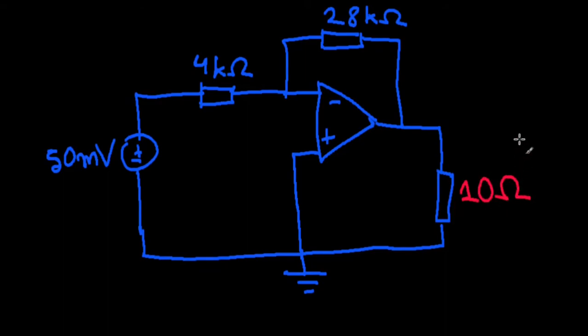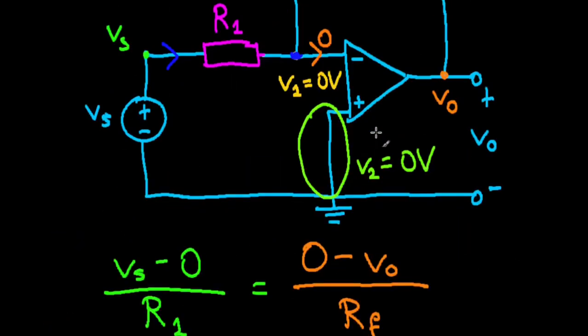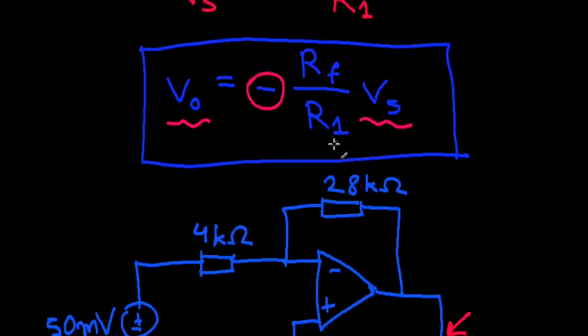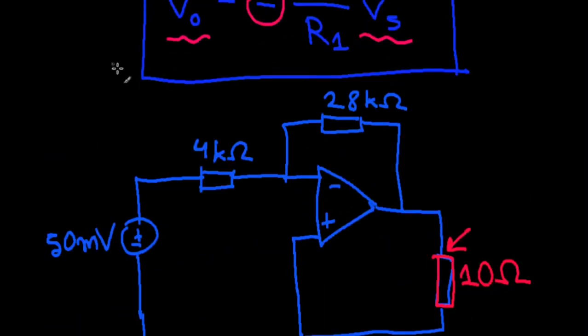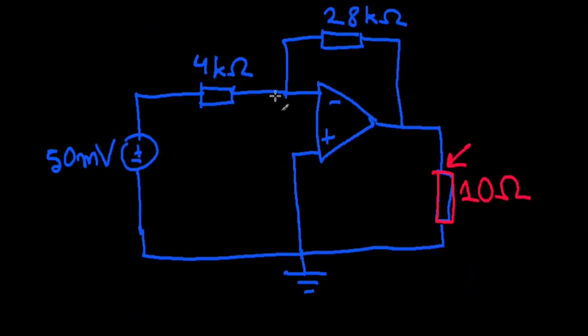So what we need to do is find the current through this resistor. With the knowledge of the last video, if we had this problem we'd be able to solve it, but we'd be going about it the way we deal with any ideal op amp.